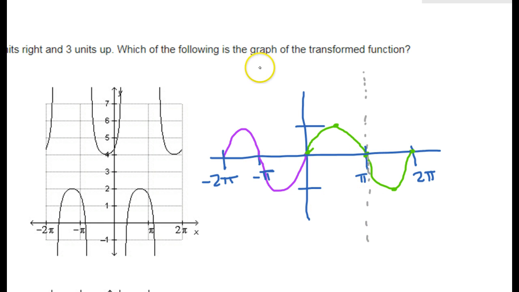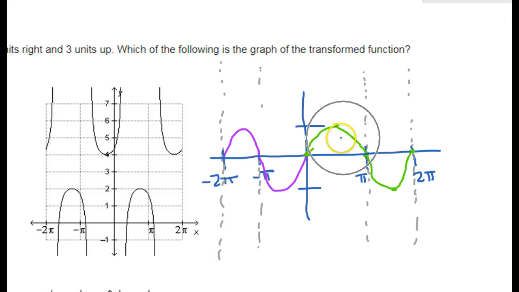There should be an asymptote here, and there's an asymptote here. So there's an asymptote every pi units. Now, this is just the sine function. What about the cosecant function?